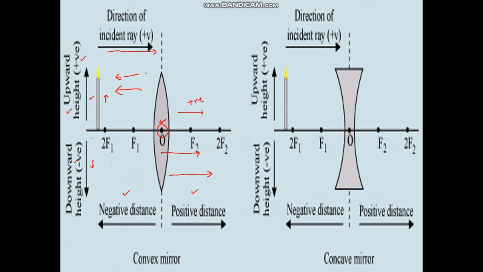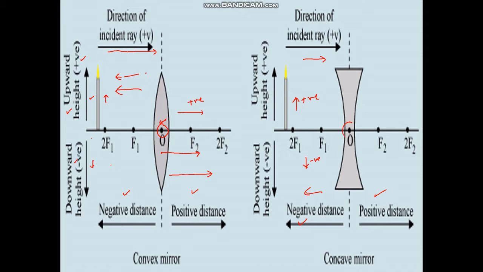Same is with the concave lens. Anything which is above the principal axis is taken as positive, which is below the principal axis is taken as negative. Similarly, all distances which are measured in the direction of incident light are measured as positive, and against the direction of light are negative.